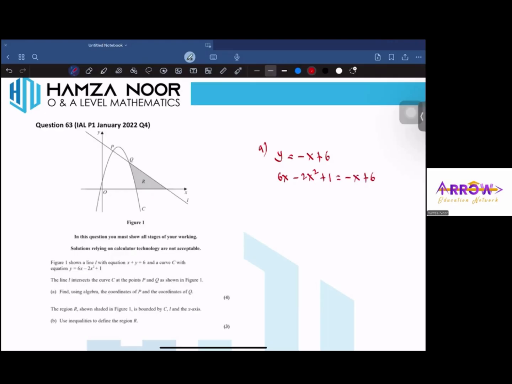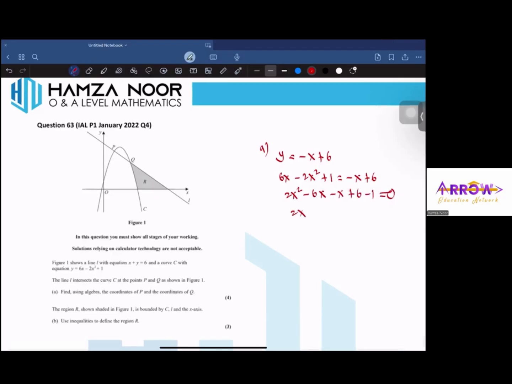Okay, so far we have achieved this. So I'm going to collect all of the terms on one side. So 2x squared minus 6x minus x plus 6 minus 1, and this whole thing is equal to 0. So 2x squared minus 7x plus 5 is equal to 0.